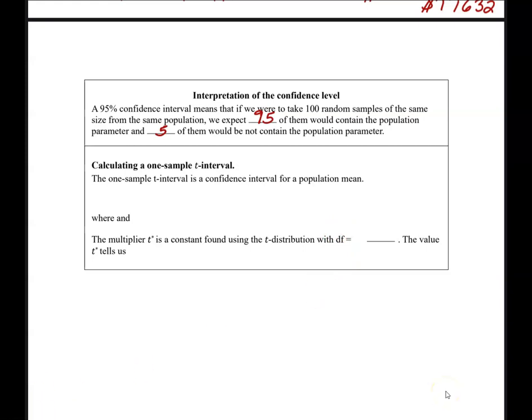Now, if we were to compute this by hand, how would we do this? If you remember way back when, you don't have to write this down, but when we're estimating population proportions, our format for a confidence interval is p hat plus or minus the margin of error. So when we're doing means, it's going to follow the same format: x bar plus or minus the margin of error.